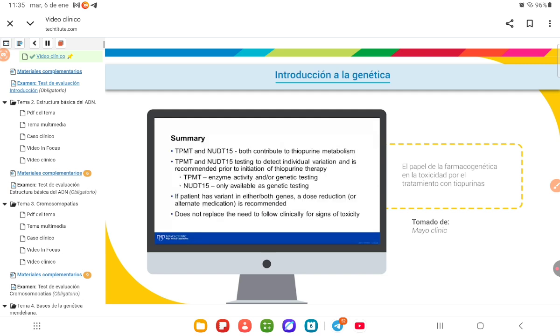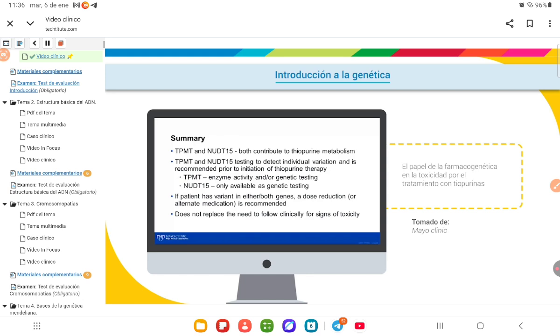So in summary, TPMT and NUDT15 both contribute to thiopurine metabolism, and individual variation in either gene can contribute to increased risk of toxicity when patients are treated with thiopurine. TPMT and NUDT15 testing is available to detect individual variation and is recommended prior to the initiation of thiopurine therapy. TPMT is available as either an enzyme activity assay or as a genetic test. NUDT15, on the other hand, is currently only available as a genetic test.